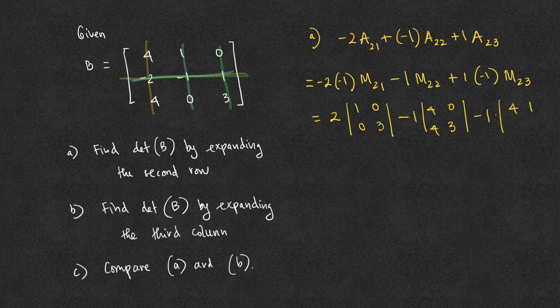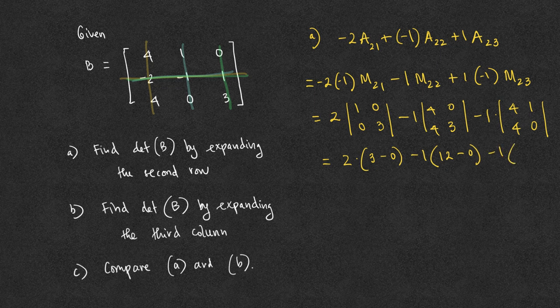These are 2 by 2 matrices, so we can simply use the shortcut to find the determinant. The determinant of the matrix 1, 0, 0, 3 is simply 1 times 3 minus 0 times 0. The determinant of the matrix 4, 0, 4, 3 is 4 times 3 minus 4 times 0.